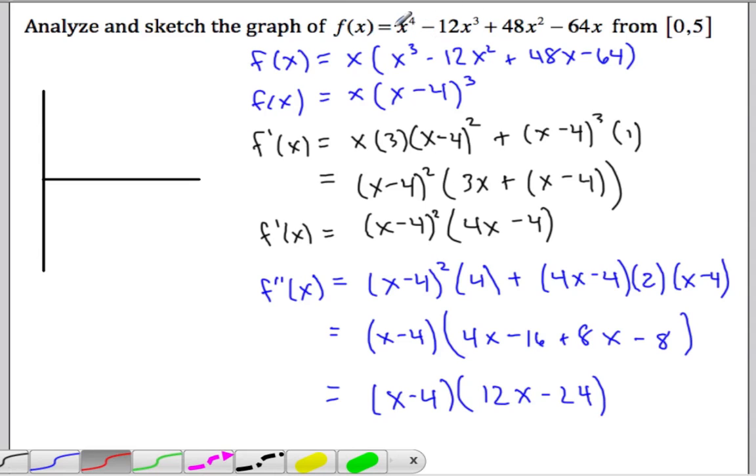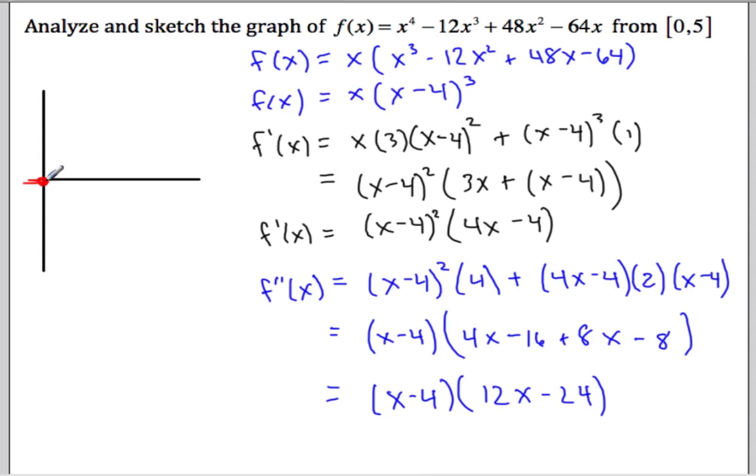So intercepts first. If I plug in 0 for x to find the y-intercept, I get 0. If I plug in 0 for y, I get 0, obviously, and 4. So it touches out here at 4.